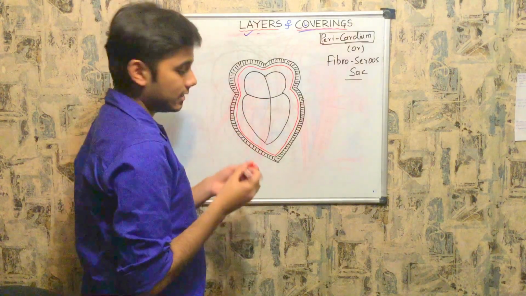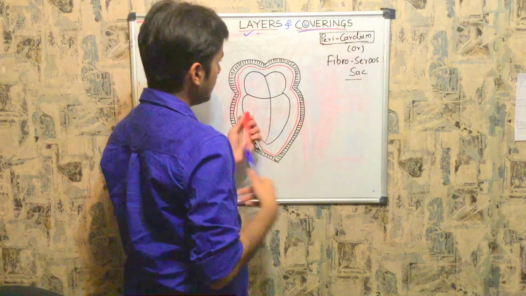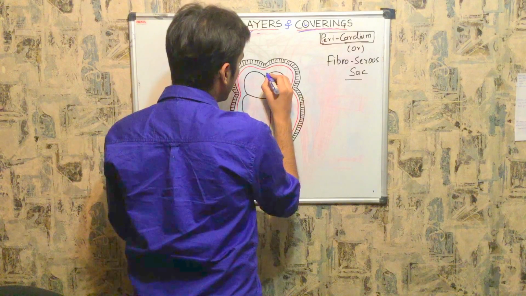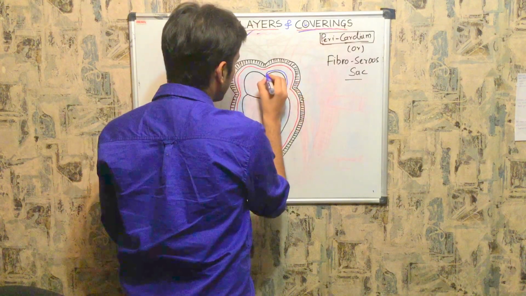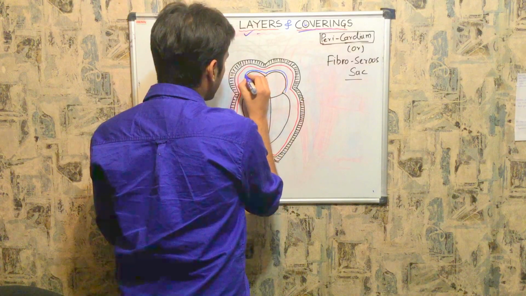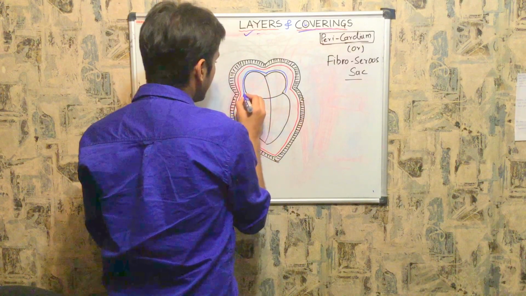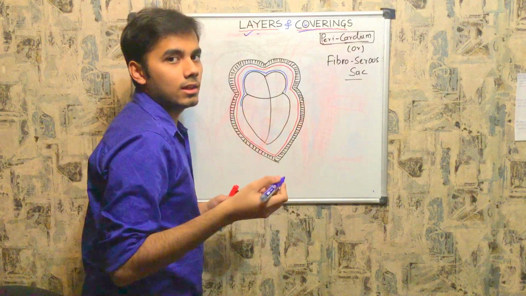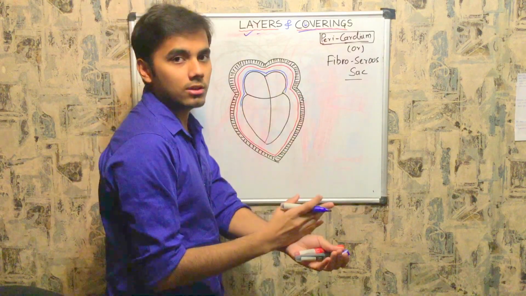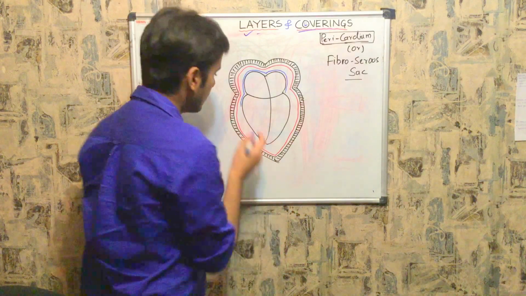This is your parietal serous pericardium, and inner you have your visceral serous pericardium. Everywhere the term visceral stands for viscera, in the sense of organ. If there is any layer that is surrounding the organ, you call it a visceral layer, right?